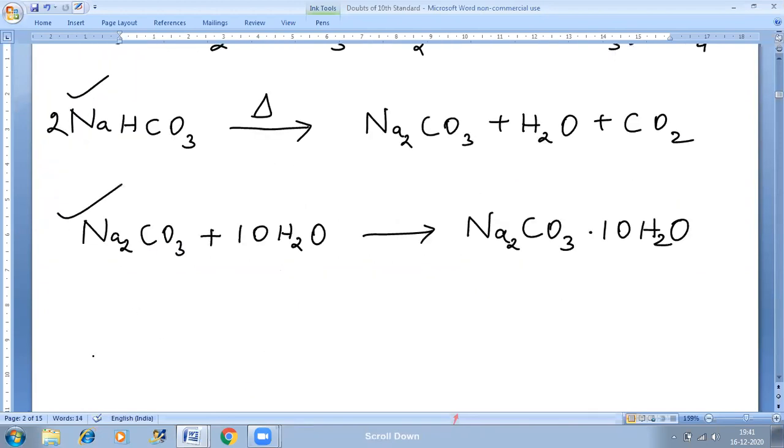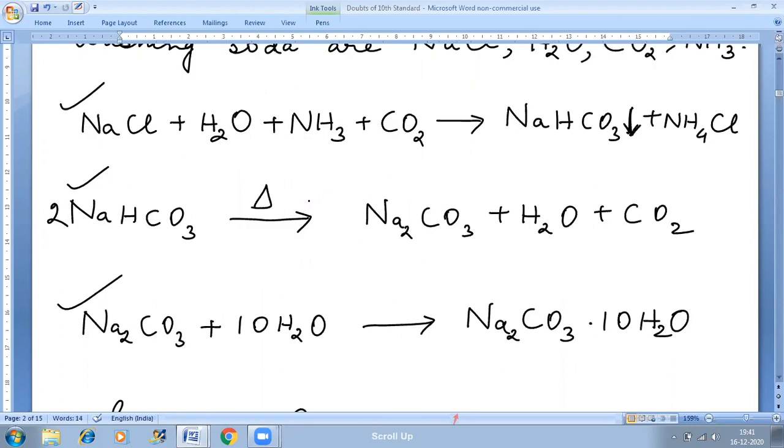This entire process is called Solvay's process. So if they ask you which method is used to prepare washing soda, you will say it is Solvay's process. What happens in Solvay's process? These are the 3 steps which happen in Solvay's process.